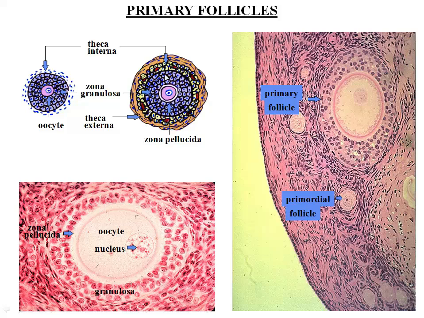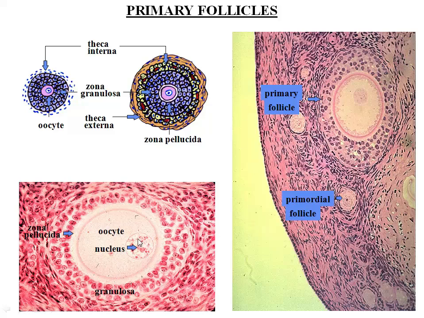So this zona pellucida is a layer of glycoprotein. Zona granulosa is a layer of follicular cells. Then the theca externa and theca interna are formed because of the stromal cells, and centrally located is the oocyte.